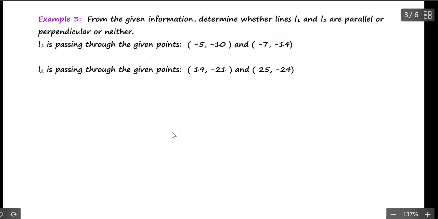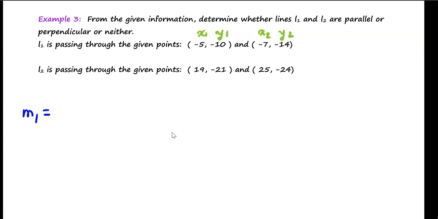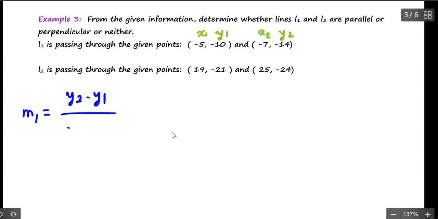Okay, so I'm going to identify the x1, y1, x2, y2. All right. So m1 is the slope of L1. Right? So I will have y2 minus y1 divided by x2 minus x1.